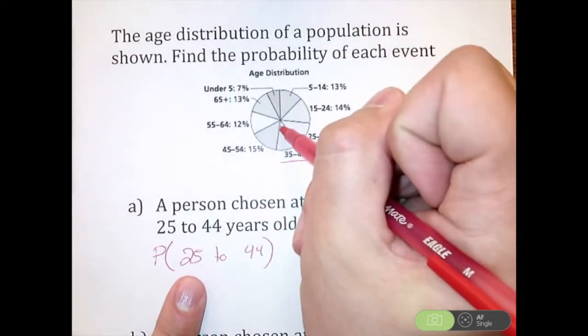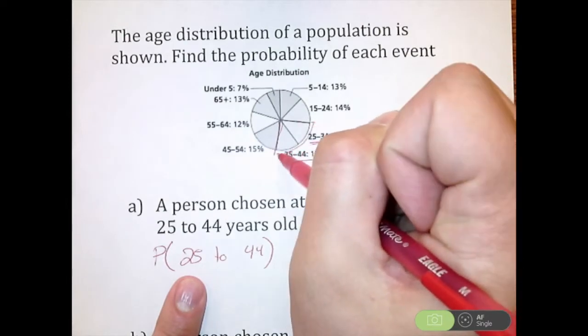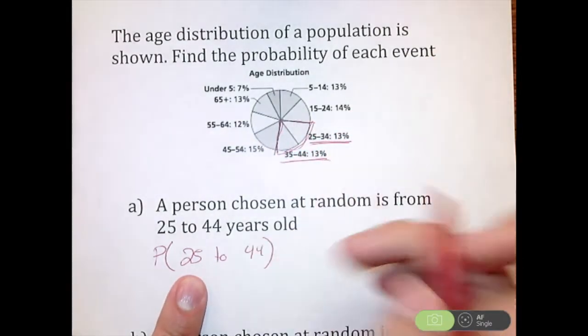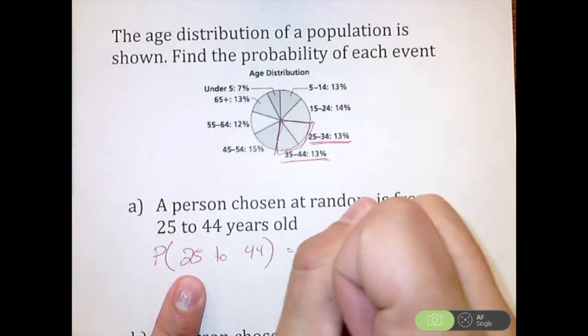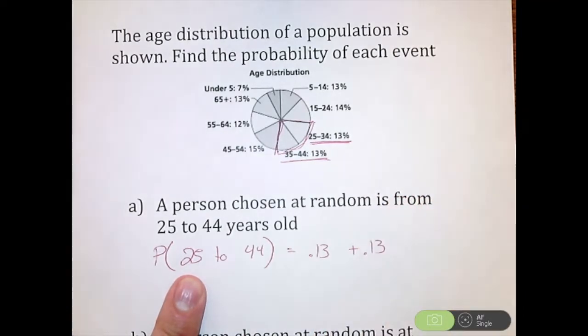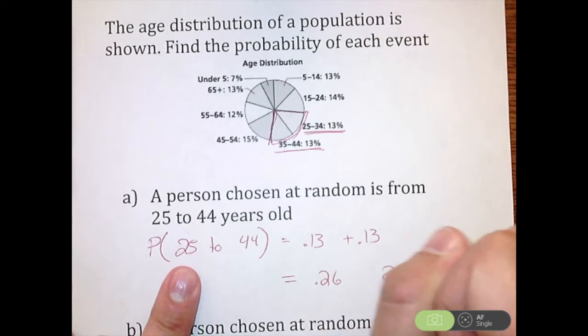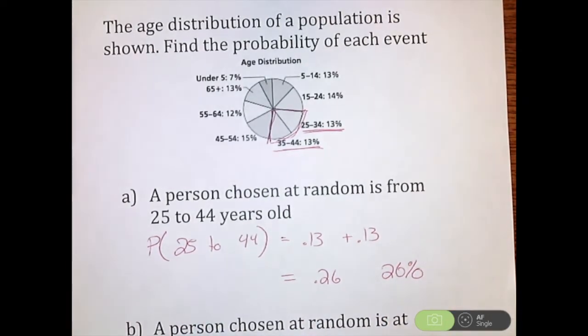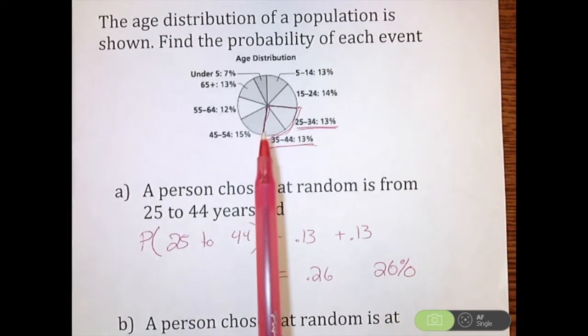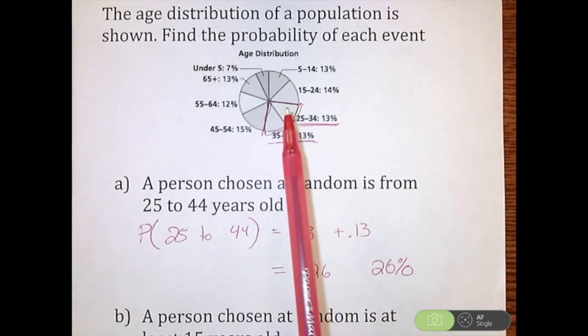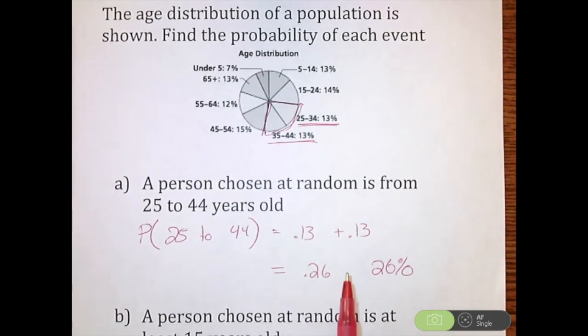So I have 0.13 plus 0.13, which ends up being 0.26, or 26%, is the probability that you randomly select one person and they're from 25 to 44 years old.